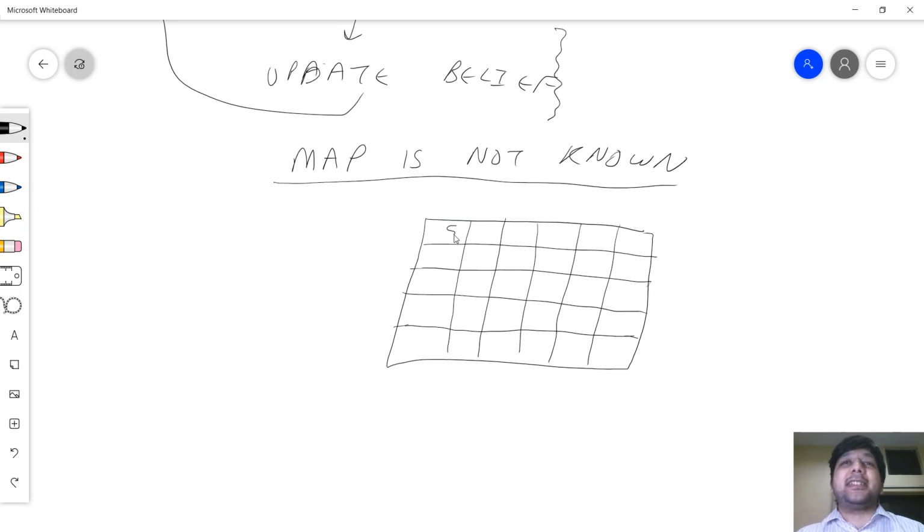So let's say this is my source, this is my goal, and these are some obstacles around, and my agent cannot look at the goal, cannot look at the map. So that's only for your and my understanding.